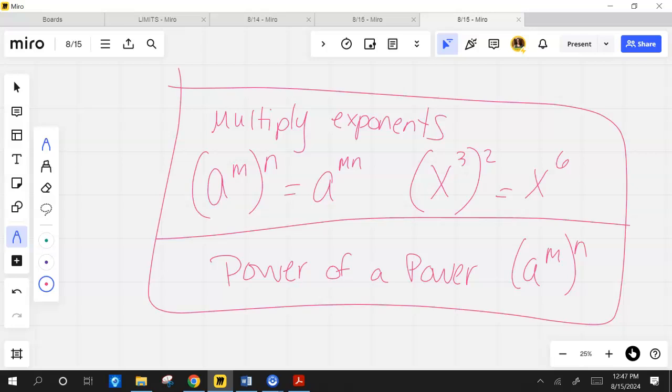Right, Max? The exponent becomes what? 6. Did you write it on your thing so you can have it? All this is what I want on yours. Okay. Everybody got it? Steve, what's your say?